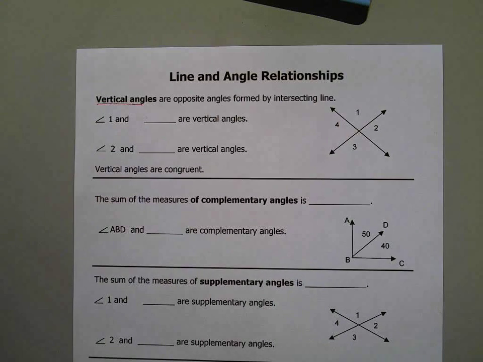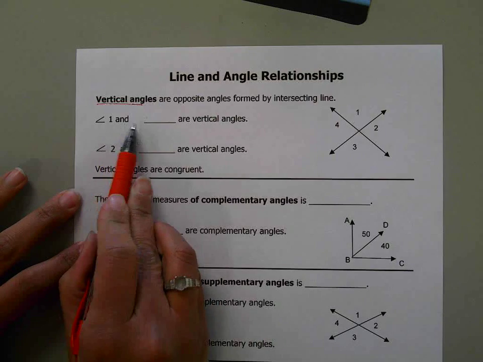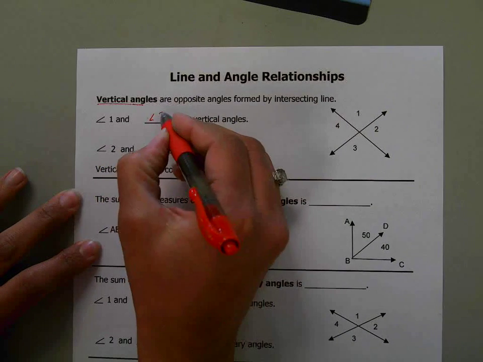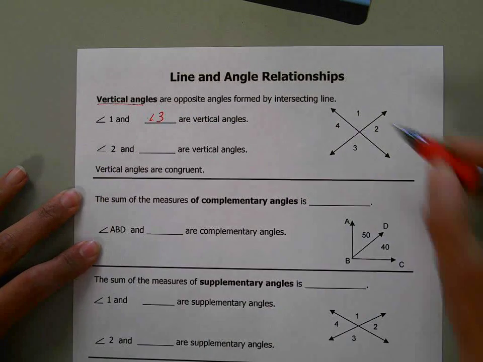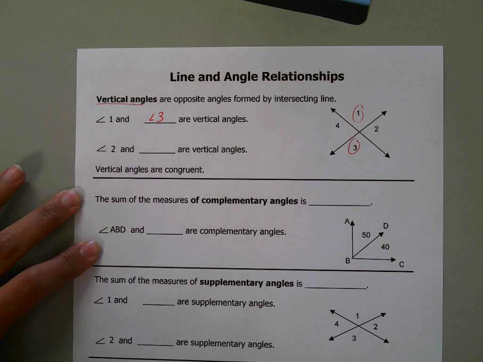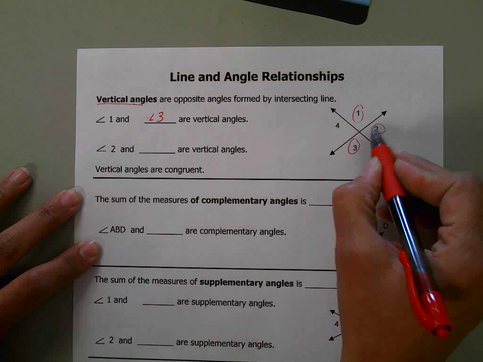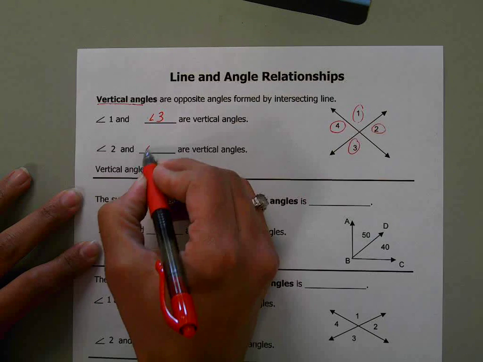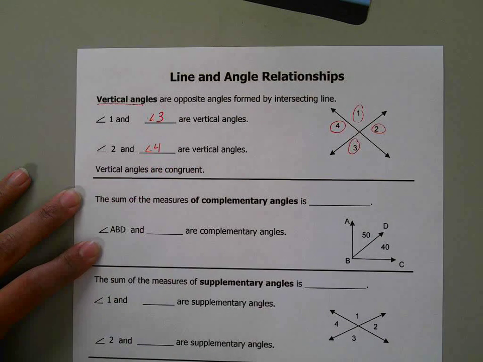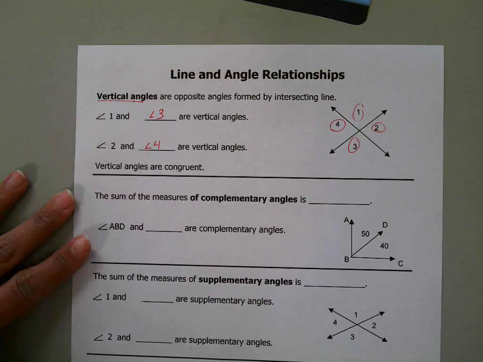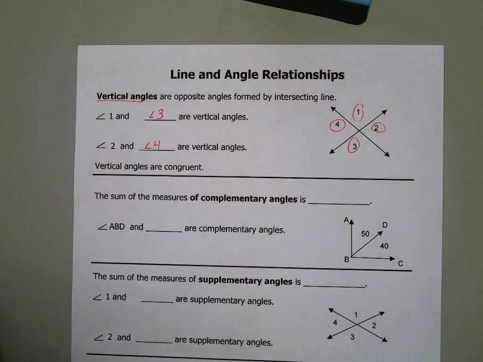So for example, angle 1 and angle 3 are vertical angles. So angle 1 and angle 3 are vertical. That means that angle 2 and angle 4 are also vertical. And what's important to remember is that vertical angles are congruent.